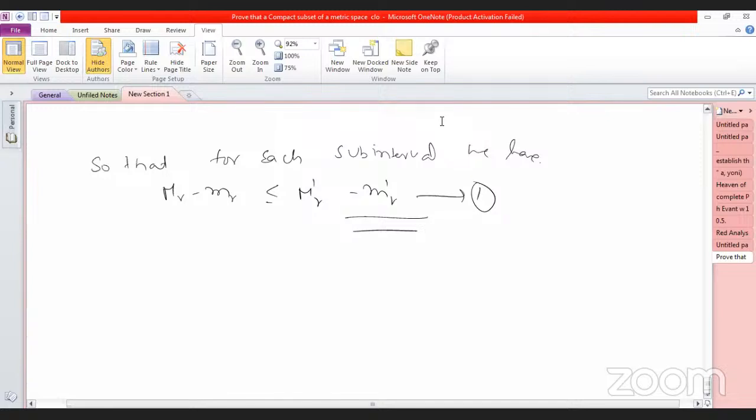M_r minus small m_r is less than or equal to M' r minus m' r. We are taking this as equation number 1. Mind it. M_r square minus small m_r square we are writing here.